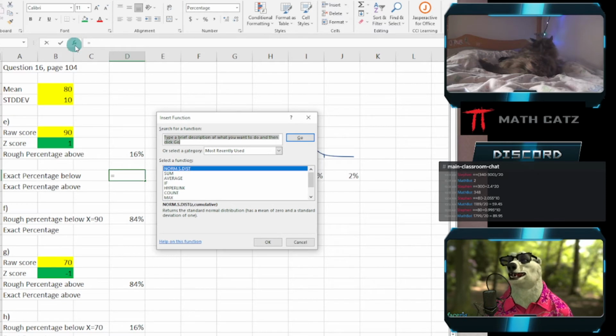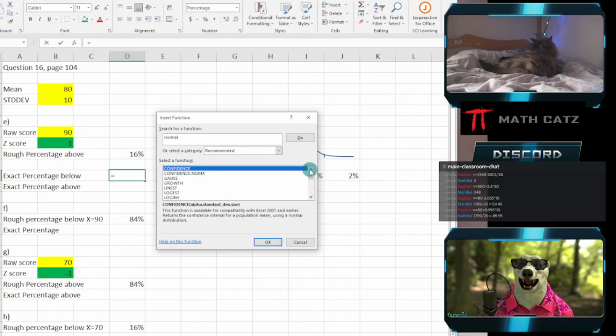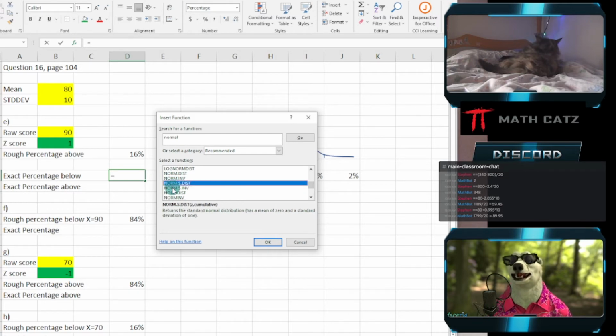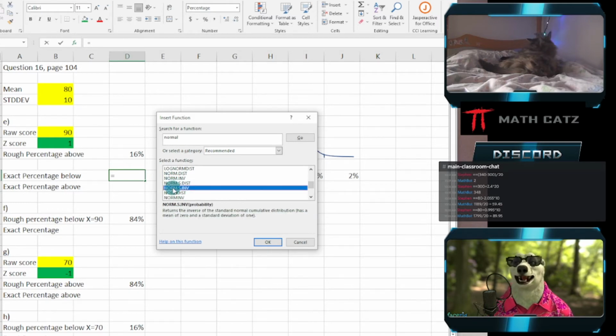We can click on the insert function button there and search for, oops, if I can type, normal. It's a normal distribution, and a whole bunch of things come up. I'm looking for the NORM.S.DIST and the NORM.S.INV, depending on which way I want to go.